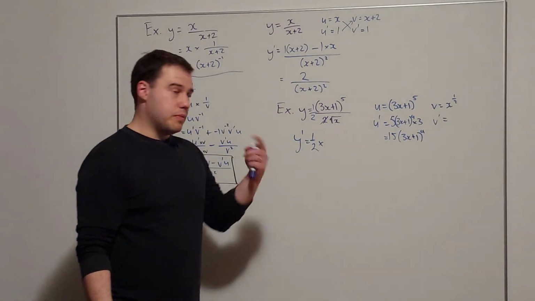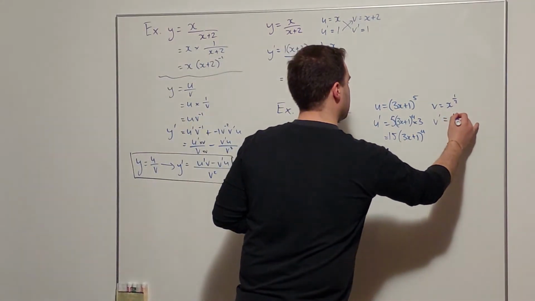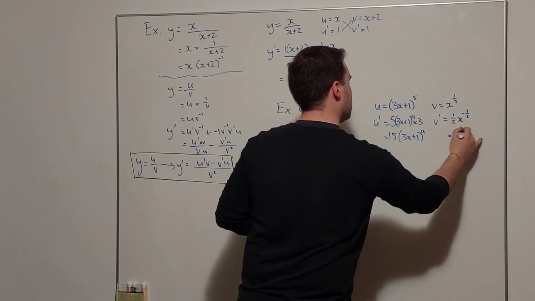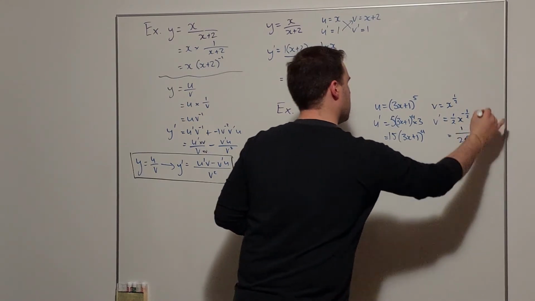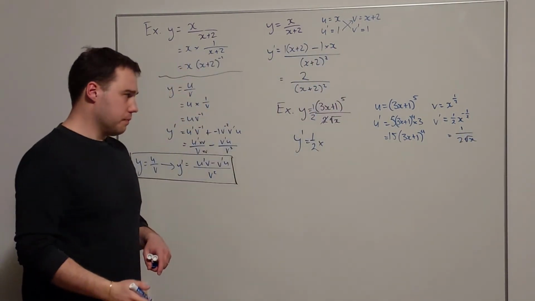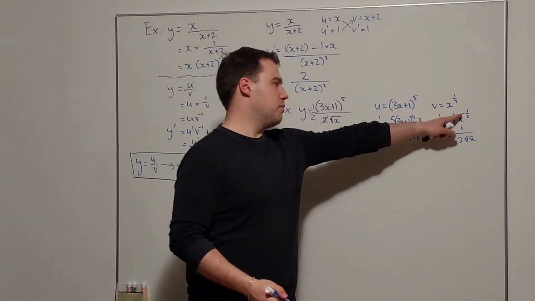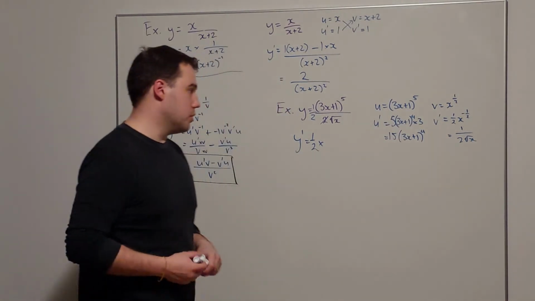Alright, x to the half: bring the power down, subtract 1 from the power, multiply by that power, again a pretty standard thing that happens. Negative power becomes positive in the denominator.